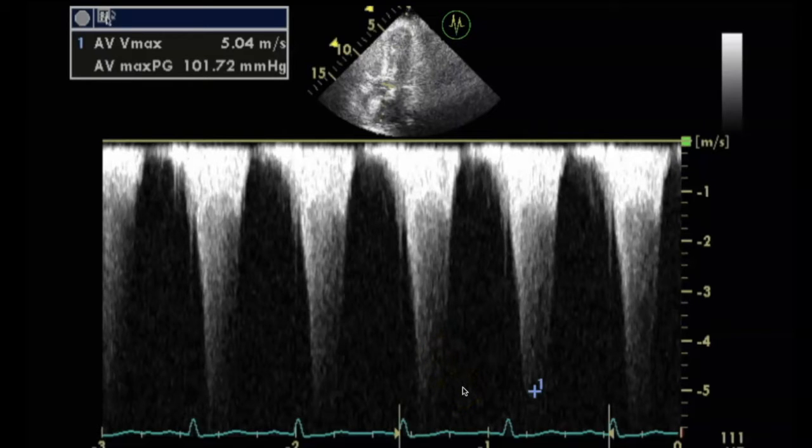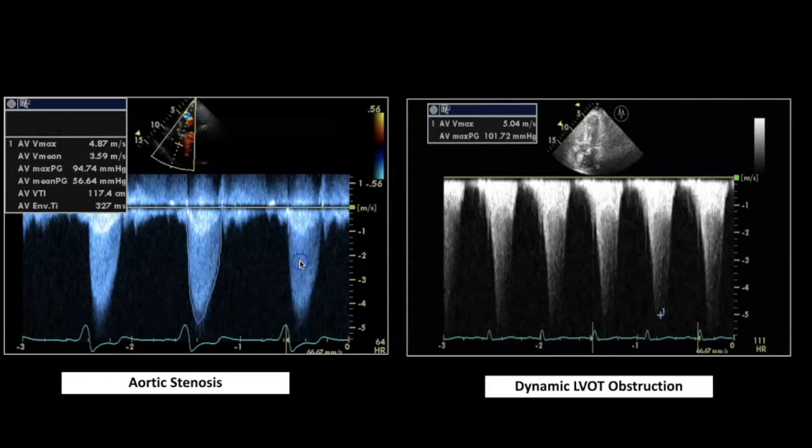And you can see the very characteristic dagger shape spectral display of dynamic obstruction. At the beginning of systole, the gradient is on the low side. As systole progresses, the obstruction peaks and then resolves towards diastole. This is a characteristic spectral display of dynamic obstruction as opposed to fixed obstruction.